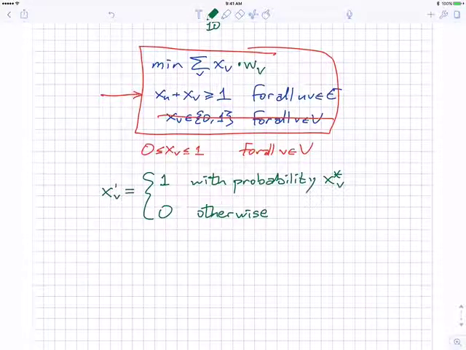If I find a vertex whose corresponding variable is 1, then yes, that vertex is in the minimum vertex cover. If I find a vertex whose value is 0, then that vertex definitely is not. But if I find one that's, say, equal to a third, then it's kind of like a third committed to being in the vertex cover.